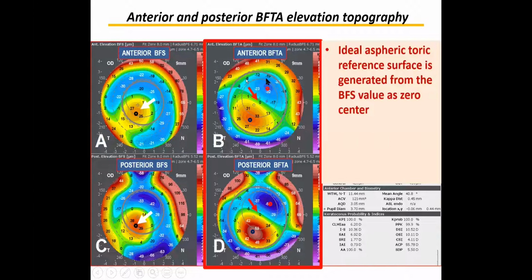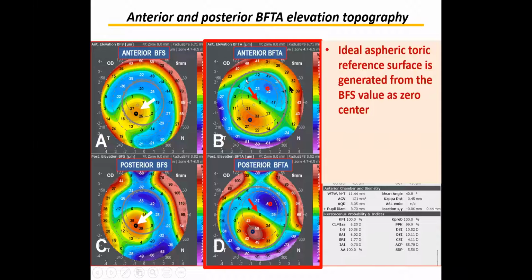So minus 12 here will be 12 microns below the best fit sphere, and 27 positive here will be 27 above the 0, meaning the best fit sphere. And we see here how tilted the cornea is.